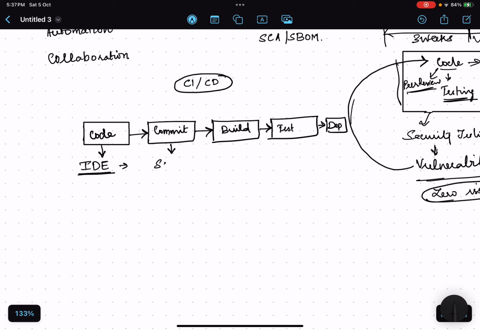We can have normal SAST scans, a dependency checker, and secret scans. There are a lot of different software composition analysis solutions and code review solutions which can be used for this purpose.